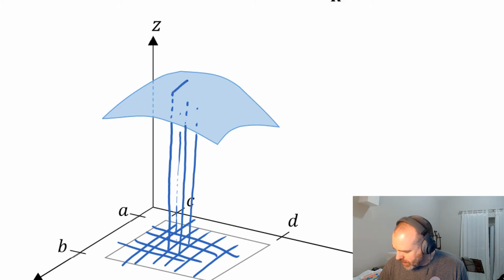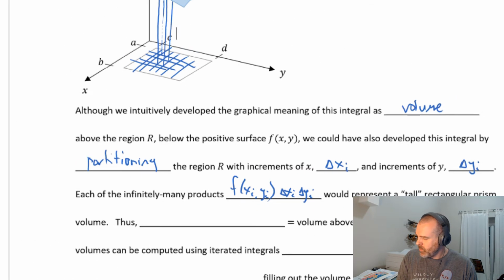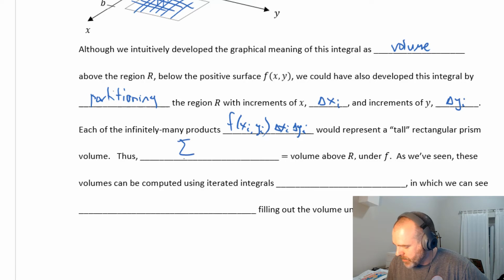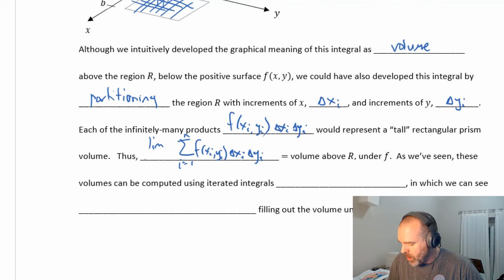And we can approximate this with a little rectangular prism and find its volume. And so if we add all of those up, the sum, i goes from 1 up to n, f of x sub i, y sub i, delta x sub i, delta y sub i. But then we take a limit as the biggest one goes to 0. That was that norm, if you recall.